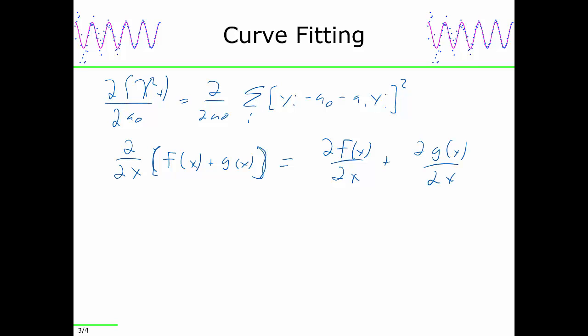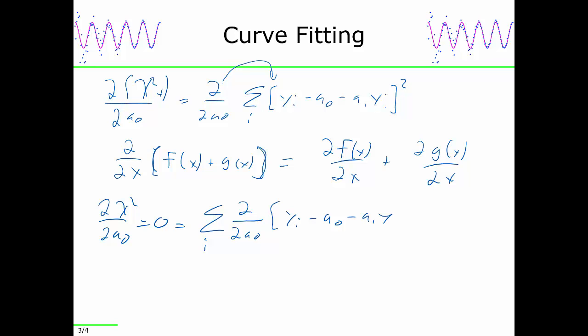Because of that, we can move the derivative operation inside the sum instead of outside. So del chi-squared del A0, which we know is going to be equal to 0, so let's set it equal to 0 now, equals the summation over i of the derivative with respect to A0 of (yi minus A0 minus A1 xi) squared.